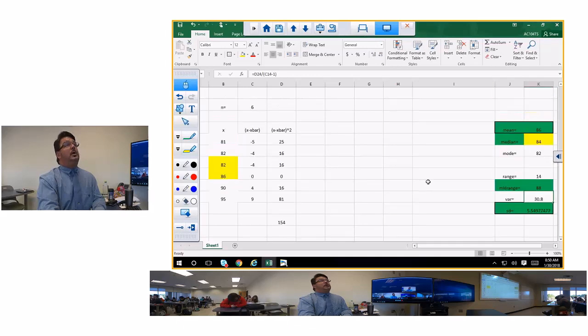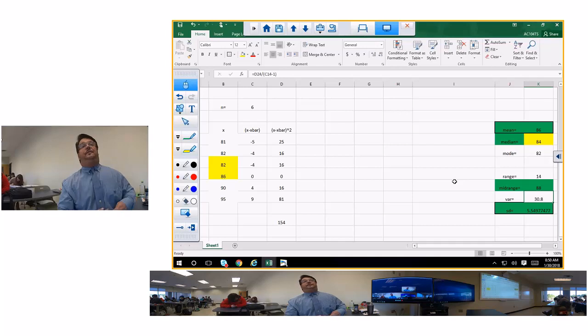And you should come out with mean of 86, median of 84, mid-range of 88, and standard deviation of 5.5. Now, why is my median a little bit off of my mean? Well, it's not really off, it's only 2 points. But the mid-range is way off.